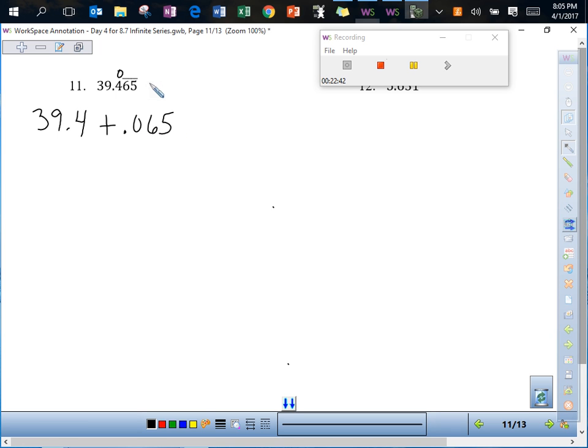Now, there's another 65 back here. So plus 0.00065. And then that's going to go forever. Why did I do that? I need my r value. So I'm going to go 0.00065 divided by 0.065, and I'm going to get an r value of 0.01.